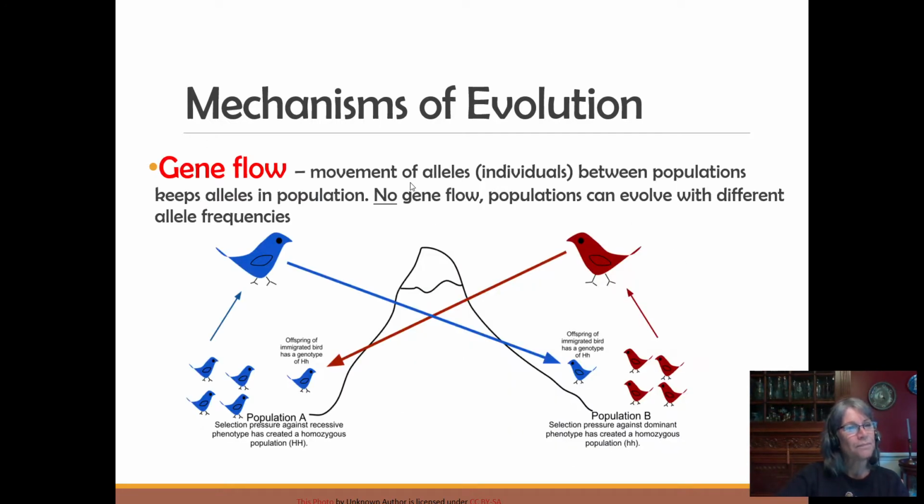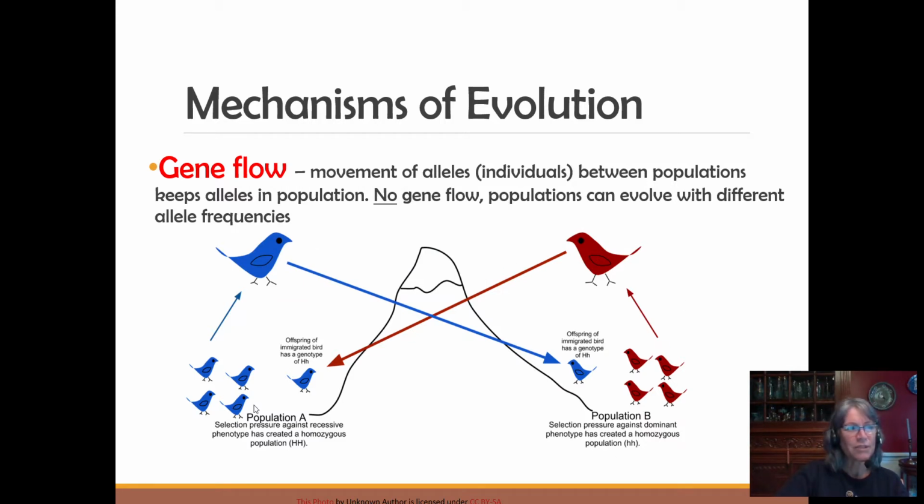Gene flow. So gene flow is the movement of alleles between populations. So individuals from neighboring populations move back and forth, and that continues to introduce these alleles and keep them present in both populations. In this case, even when we're isolated, we have some migration in and out.